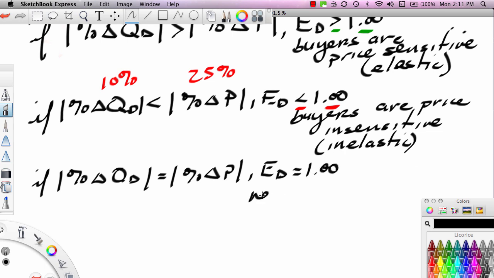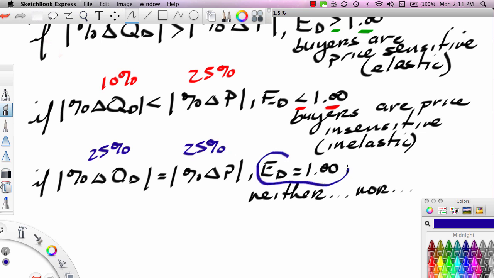And then you have the neither-nor case. Neither sensitive nor insensitive, neither elastic nor inelastic. If this is 25 and this is 25, then the ED equals 1. Now that's almost never going to occur. That's rare, but that at least tells us what the fence line is.